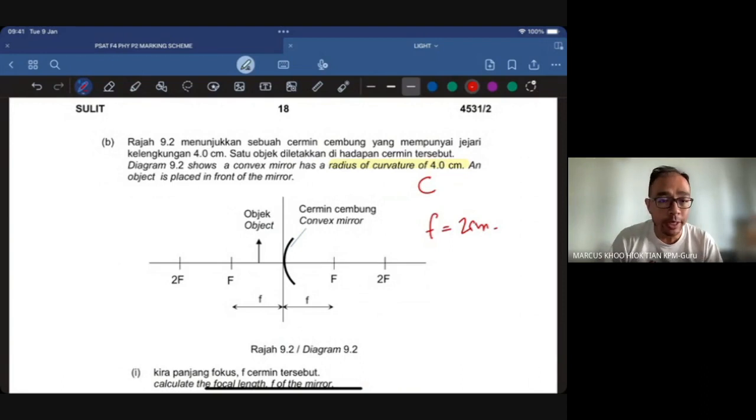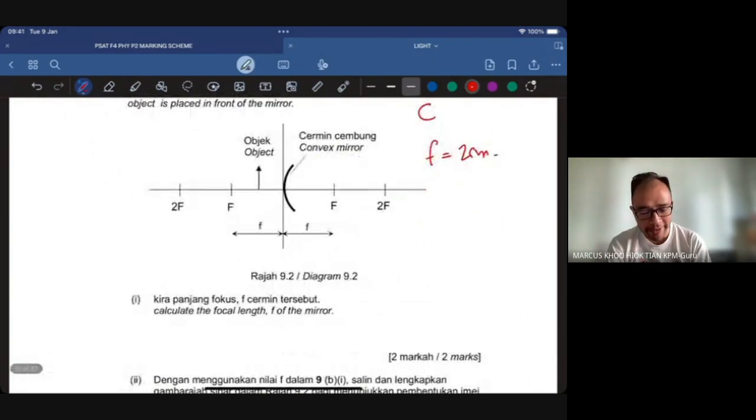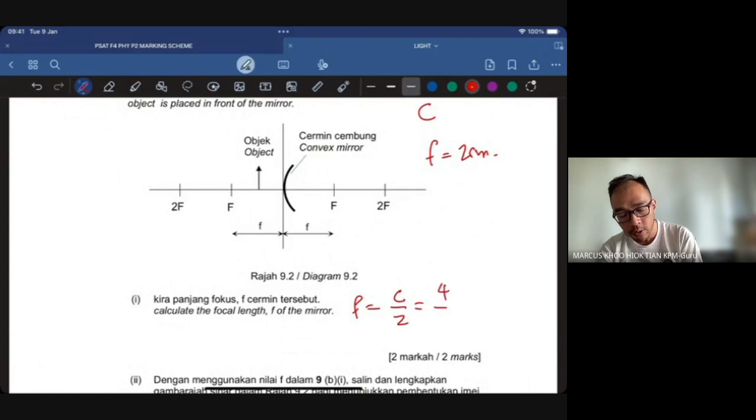This is a very important thing. Okay, calculate the focal length of the mirror. Okay, F equals to C over 2, which is 4 over 2, which is 2 cm lah. Okay, this is 2 free marks lah.